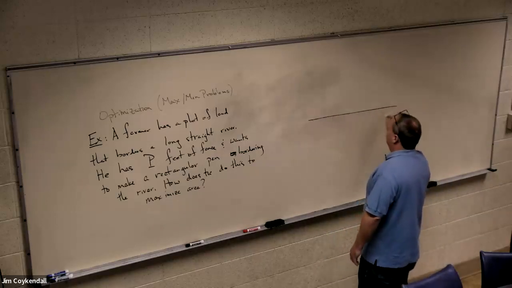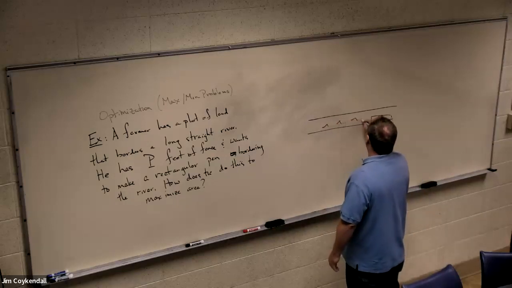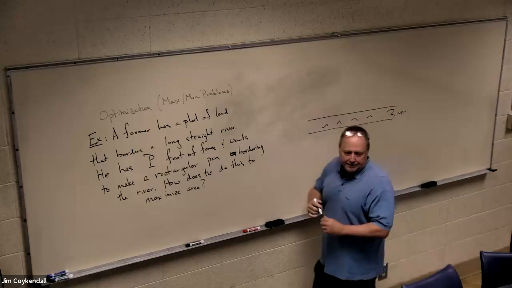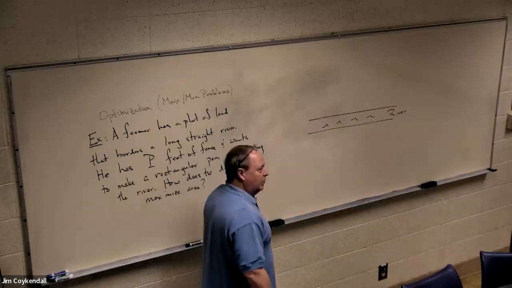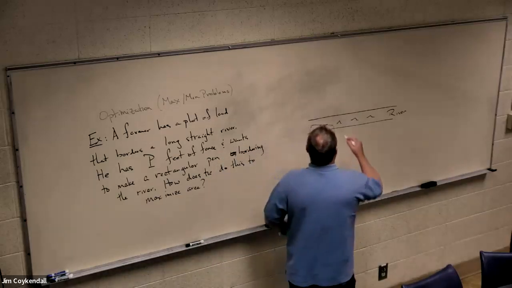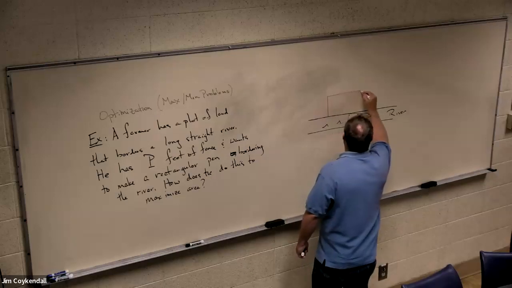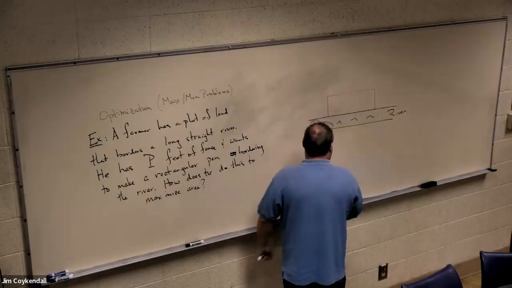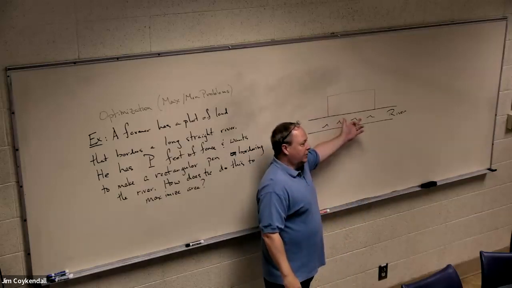Okay, so just like with related rates, draw a picture to help yourself out. Let's see what this farmer wants to do. He wants to make a rectangular pen on the river, because he gets to use more fence this way, right?